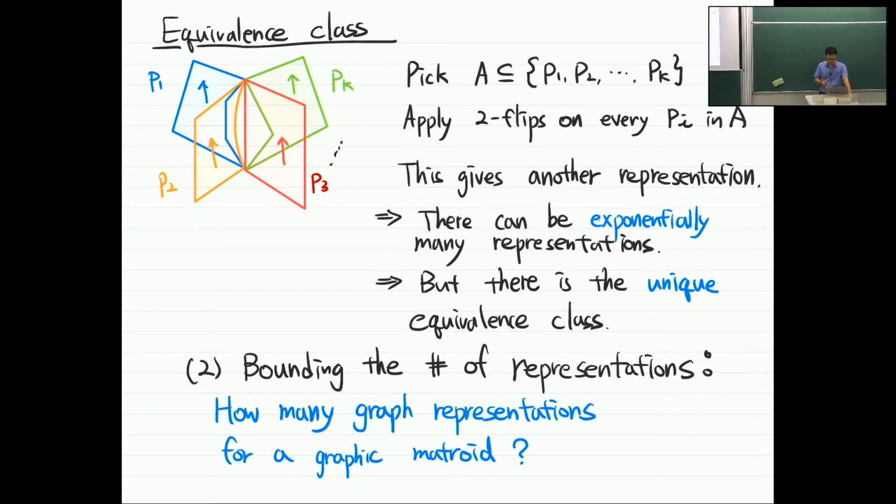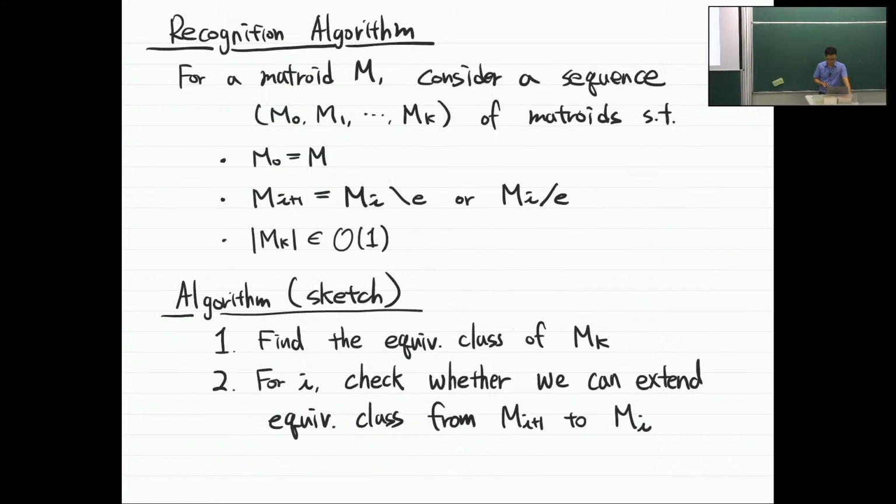So why do we want a unique class instead of exponentially many representations? Because if we can bound the number of representations up to equivalence class by a constant number or polynomial number, we can use it to construct a recognition algorithm.